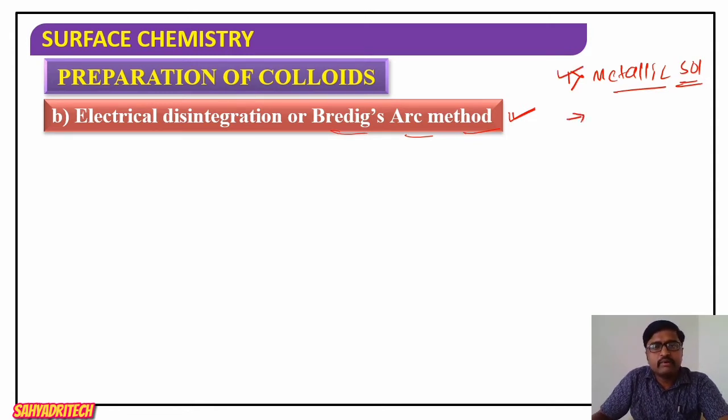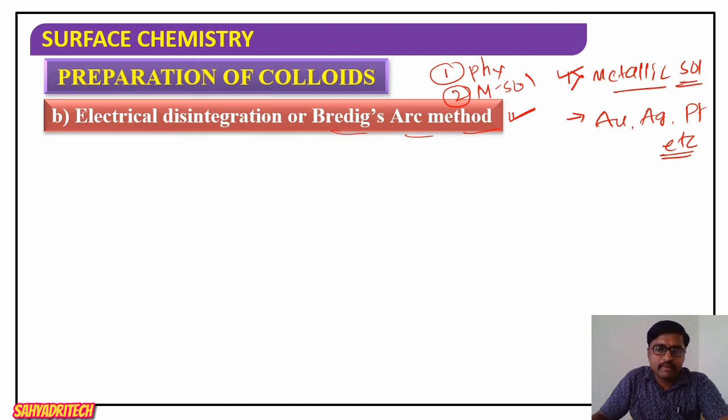What type of metals? It may be gold sol, silver sol, platinum sol, etc. So please remember, whenever you come across Bredig's method, first, it is a physical method of preparing colloidal sols. Second, here metal sols are prepared with the help of Bredig's arc method.